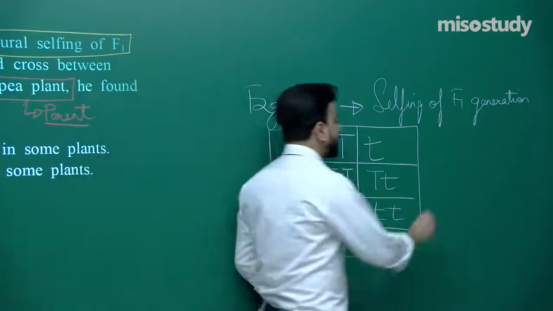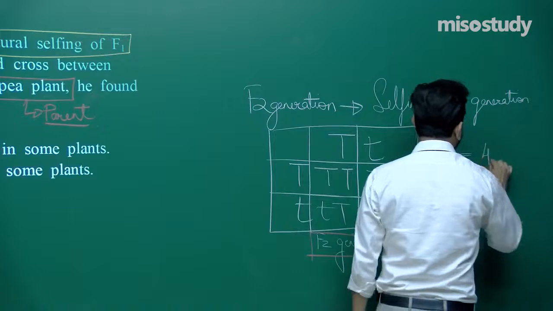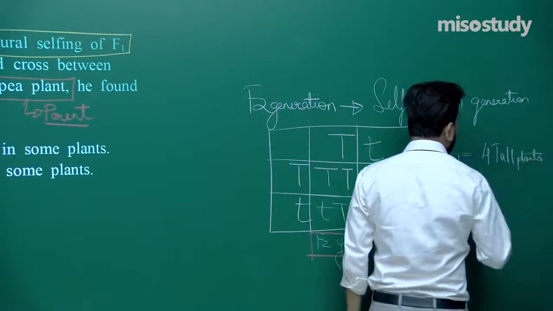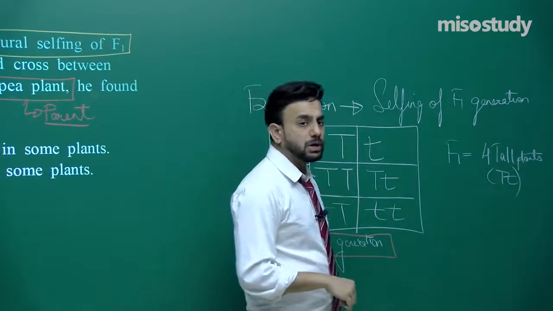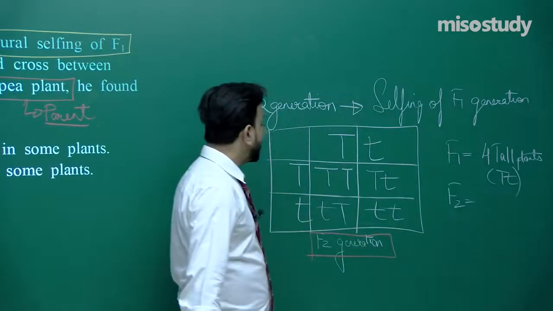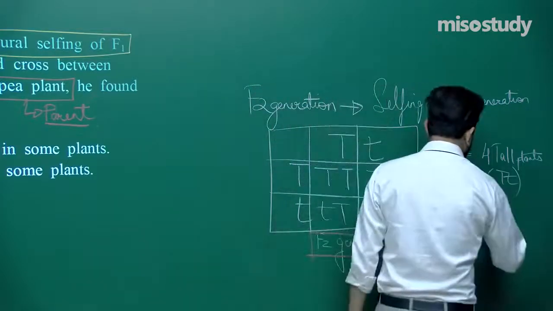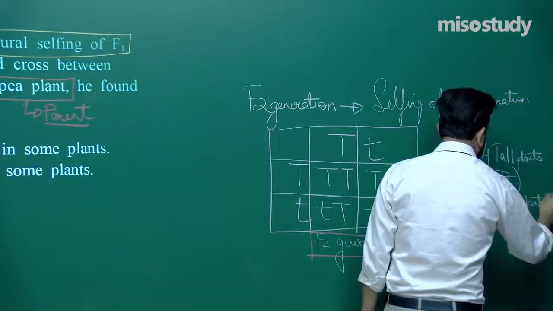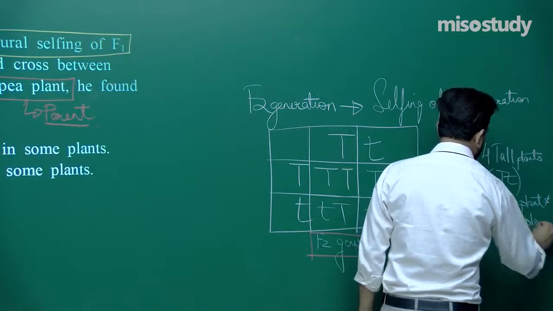In the F1 generation, we obtained all 4 tall plants, right? All were of the genotype capital T, small t. However, in the F2, how many tall plants are we obtaining? There are 3 tall plants and 1 dwarf plant.